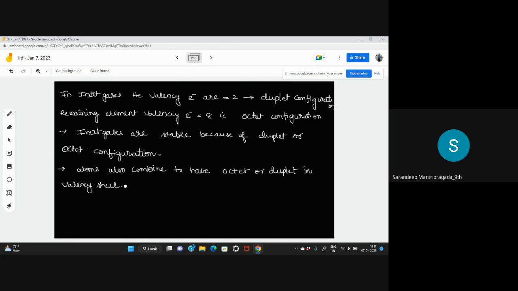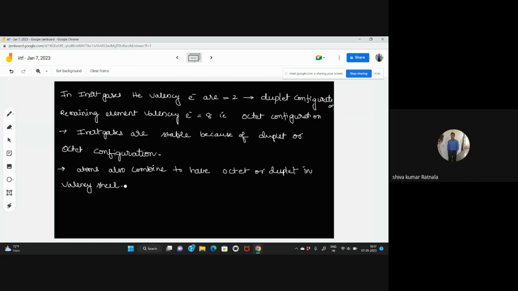Sir, in that case, inert gases are stable also because the last subshell is completely filled, right? Yes, like 4p6. So the subshell is completely filled with electrons, so that's why they are stable.